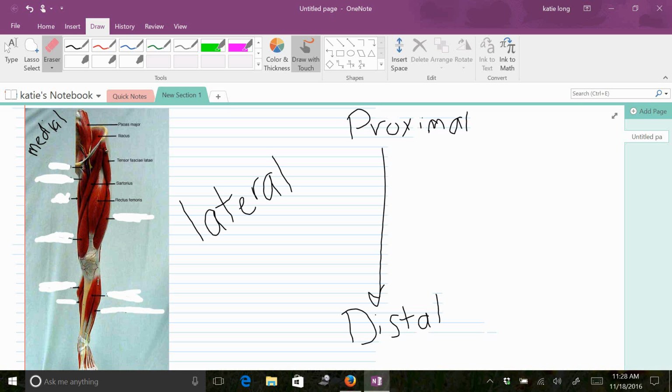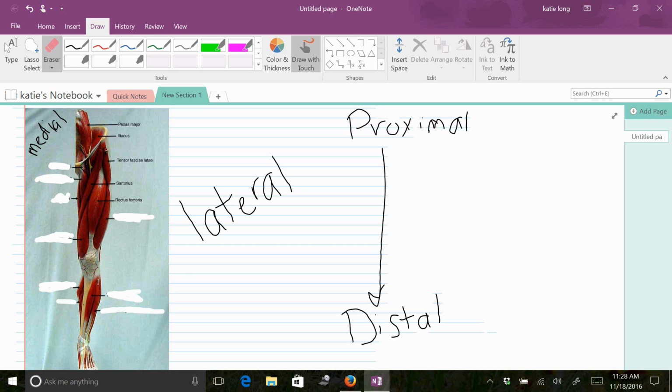So another one where you can use the name, if you were given the name rectus femoris and you had to find it, go find your femur, and you know it's going to be a straight muscle on top of your femur, right? So definitely use the terminology and nomenclature when you can.